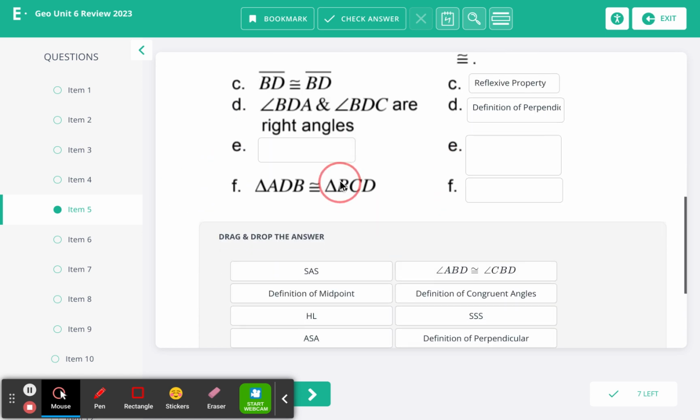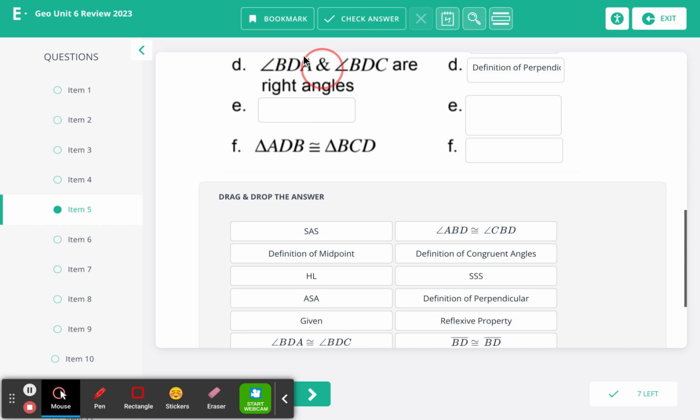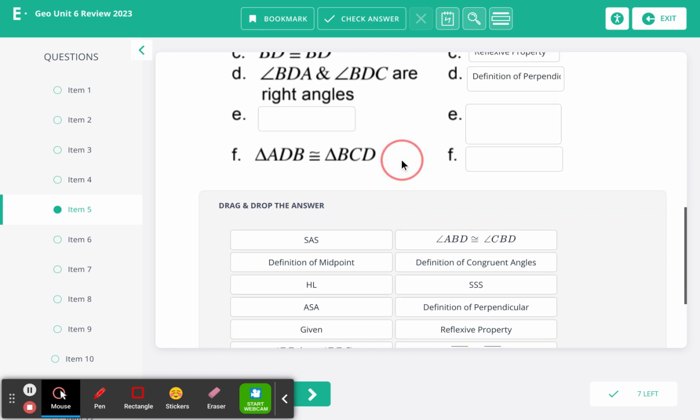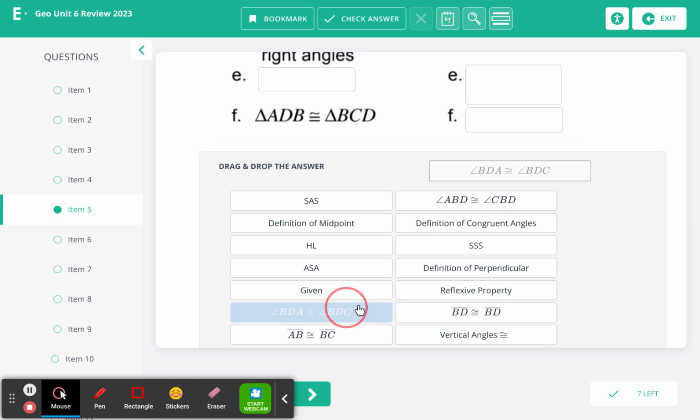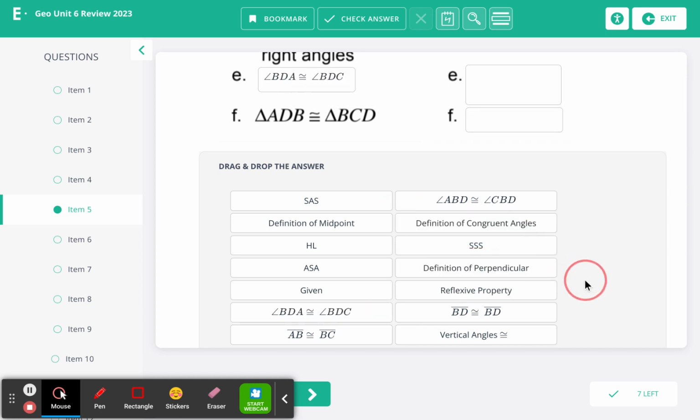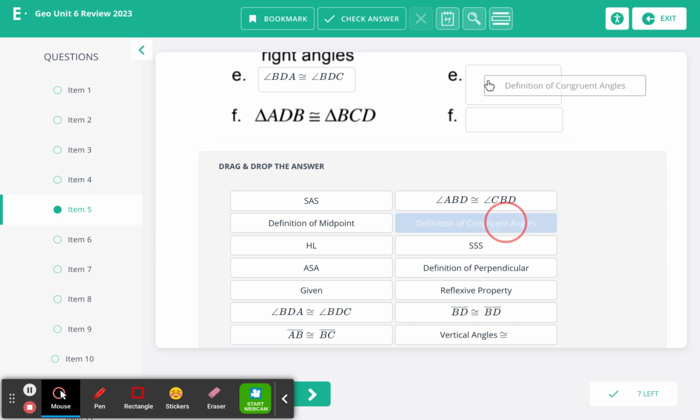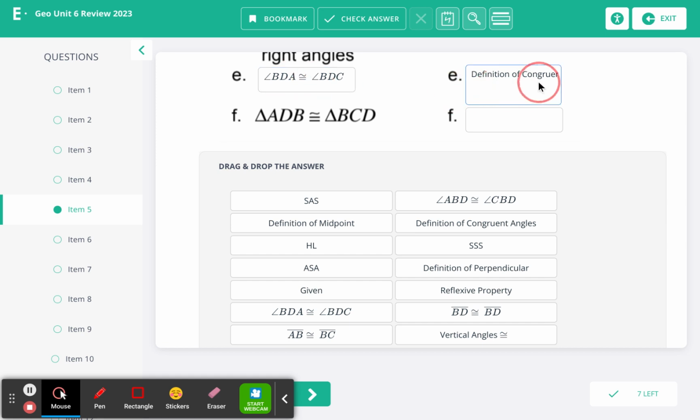Once we've proven they're right angles, we can say that those two angles are congruent, so angle BDA is congruent to angle BDC. The reason why we know they're congruent is because they have the same angle measure. They're both right angles, which are 90 degrees, so they're congruent because of the definition of congruent angles.